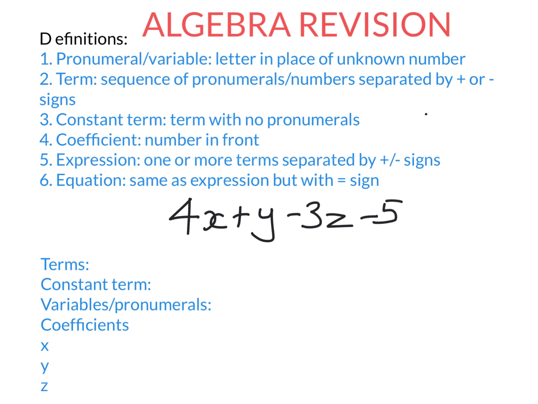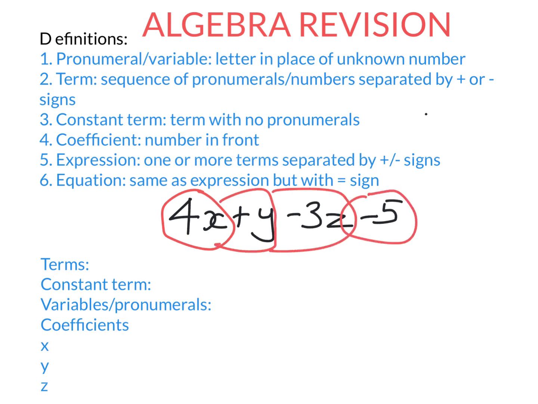So this expression has four terms: 1, 2, 3, 4. Now you can recognize a new term because they're separated by plus or minus signs. So every time there's a plus or minus, we are starting a new term. So in this expression, there are four terms: 4x, y, negative 3z, and negative 5.